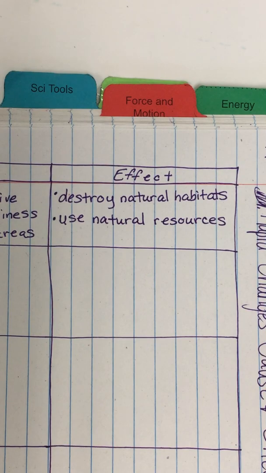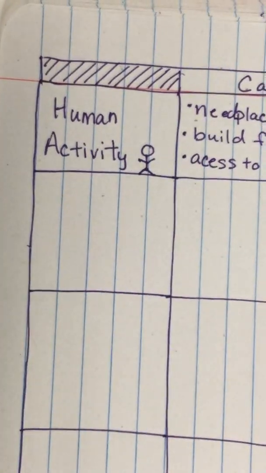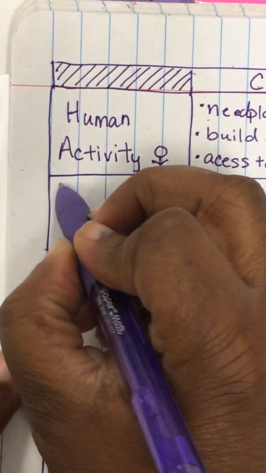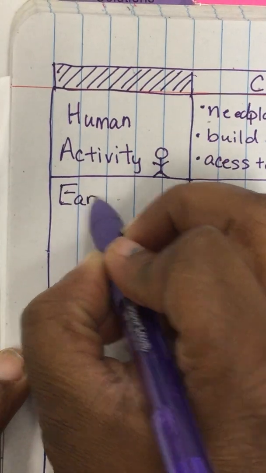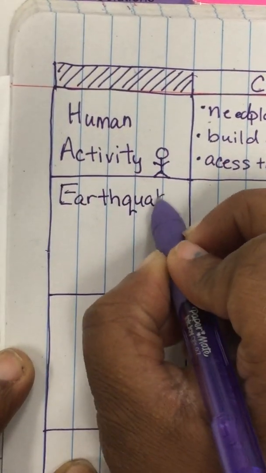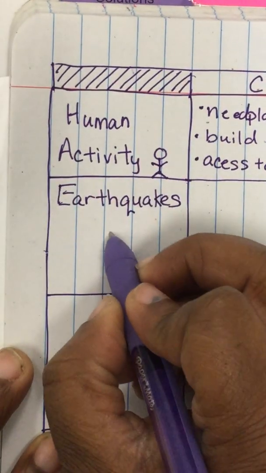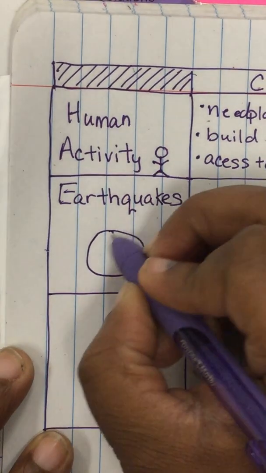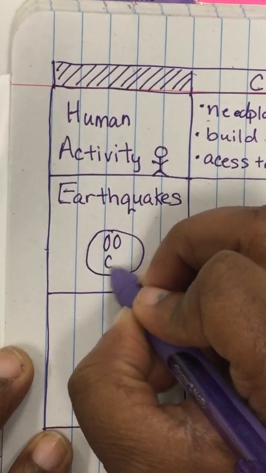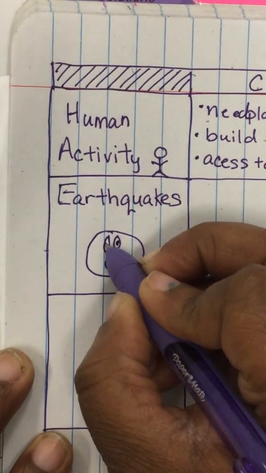For our next one, I think we'll go on ahead and do earthquakes. So for earthquakes, just a fun drawing is just the earth. Can't quite see where my pen is.